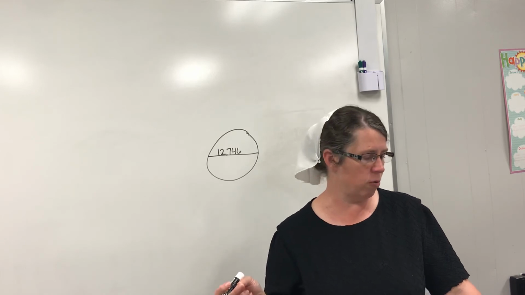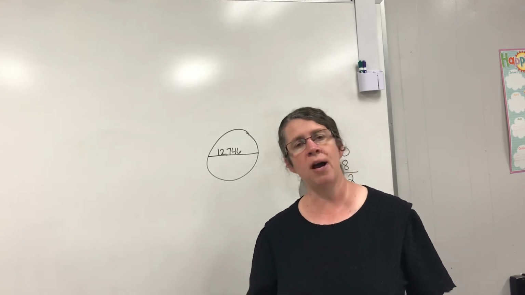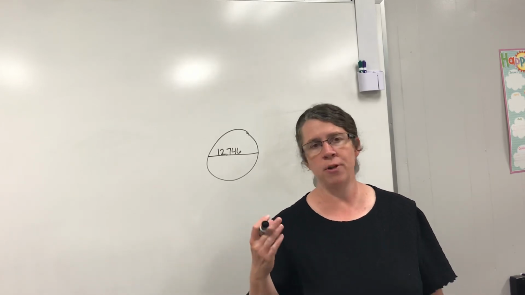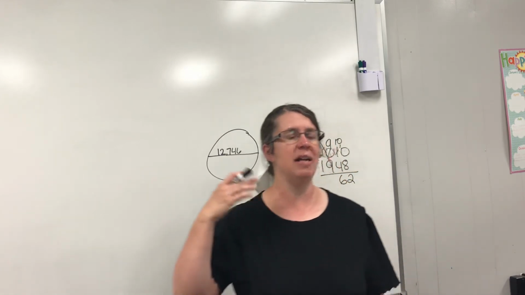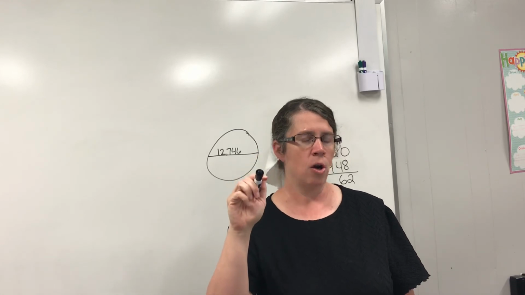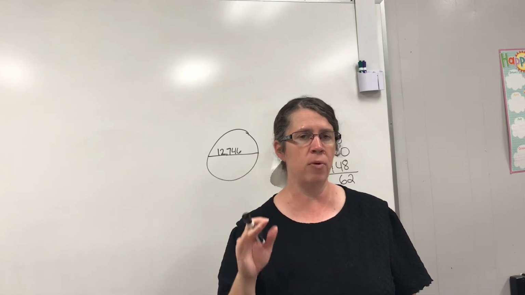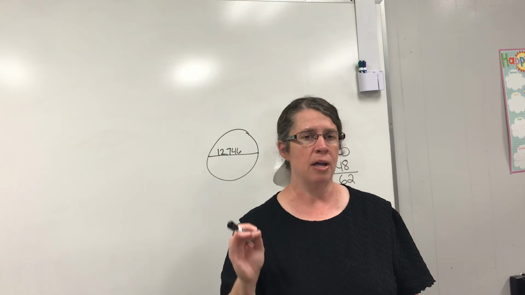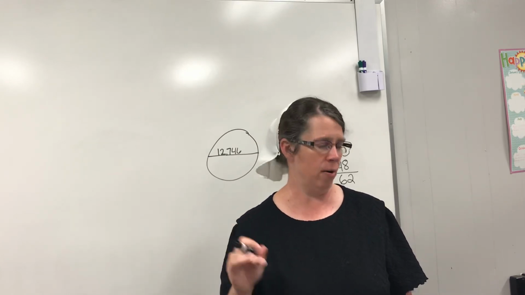The next blank is where you write the percent. Remember how to find those. Remember to take the denominator and divide it into the numerator. Okay? Denominator into the numerator. When you have a whole number, the whole number remains the same, and you take the denominator into the numerator. Okay?